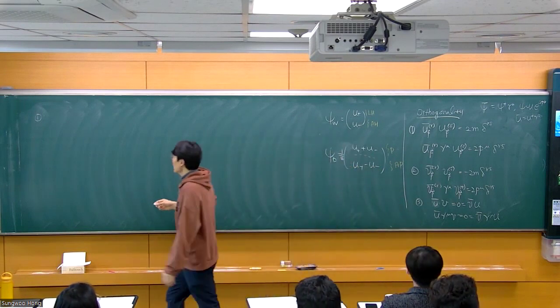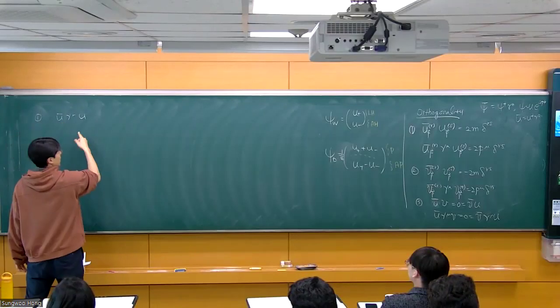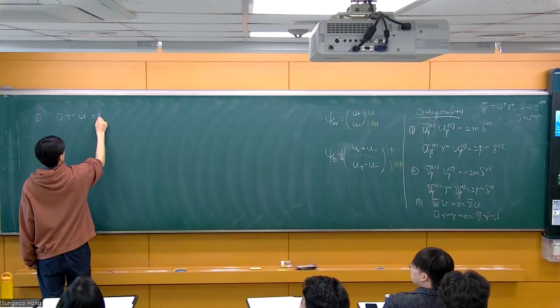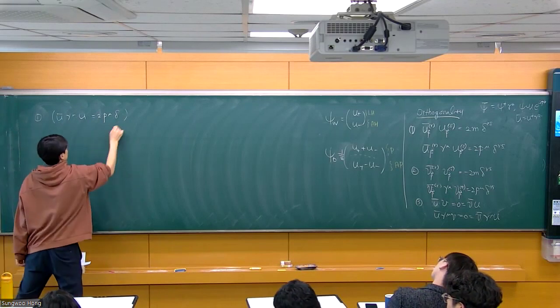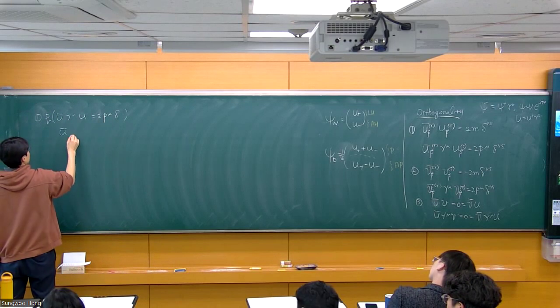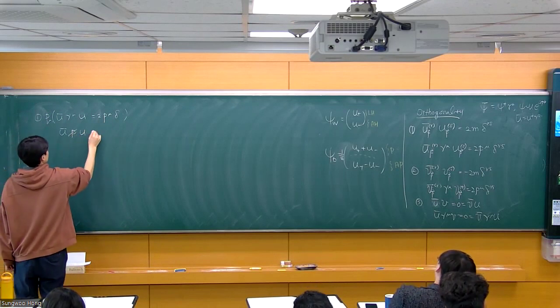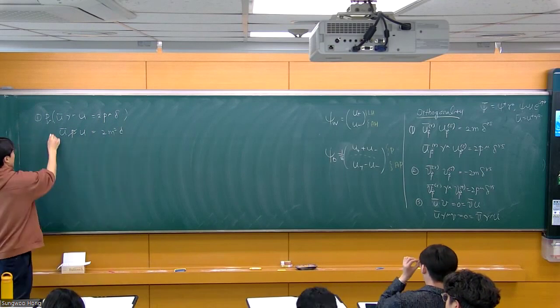So I don't even have to do it. Because of that, let me drop the other indices. This is 2p mu delta. So then if I take this, contract with p mu, that gives me u bar p slash u is equal to 2 m squared delta, right? So that comes from that.